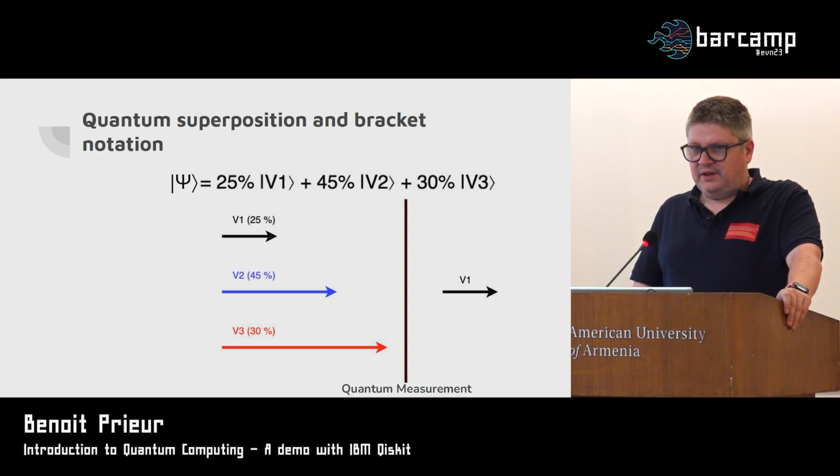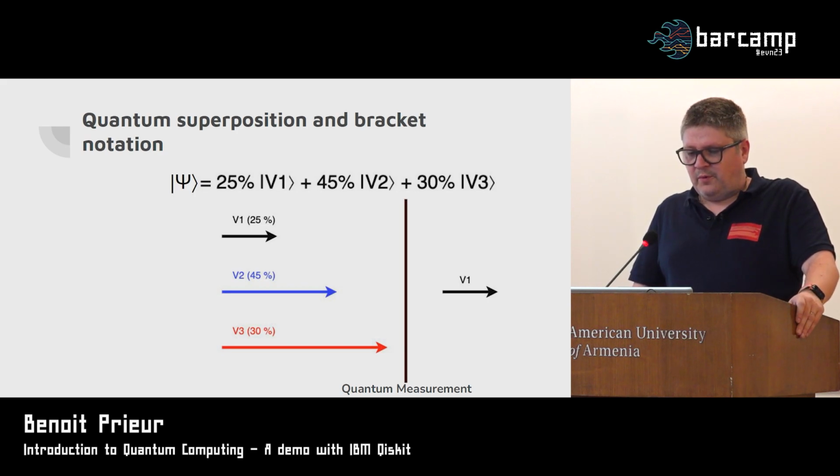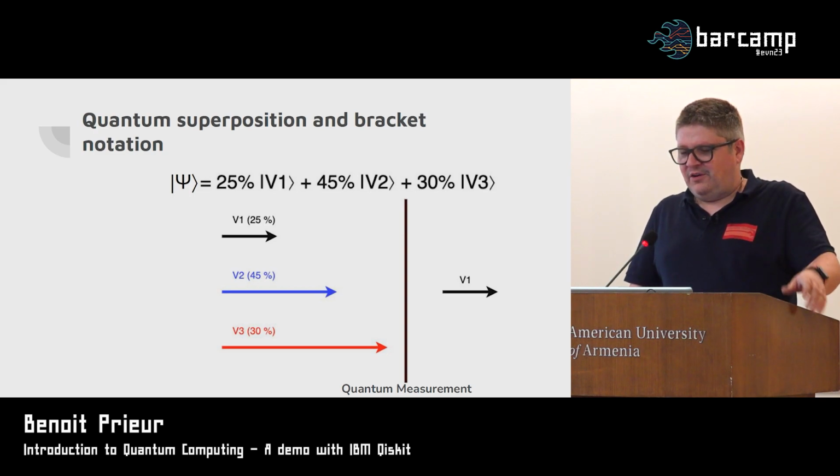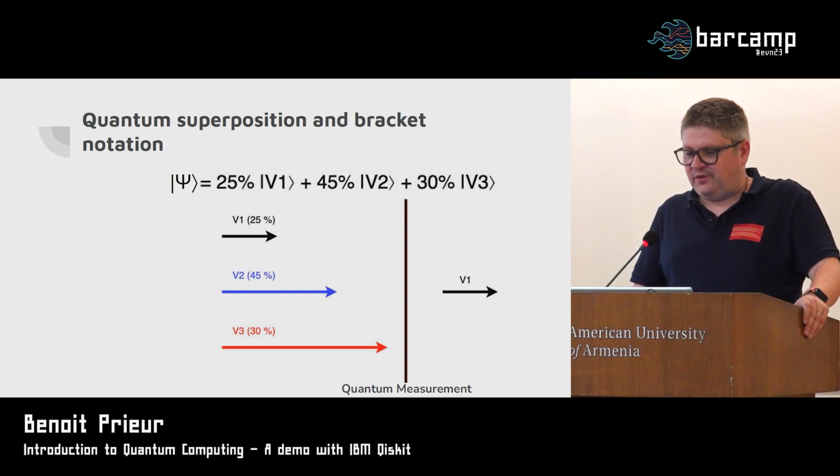At the left, we are in the quantum world. The particle is moving with its own speed composed of this combination of three speeds. Then there is a measurement, and this probability is the probability to be the selected speed after the measurement.